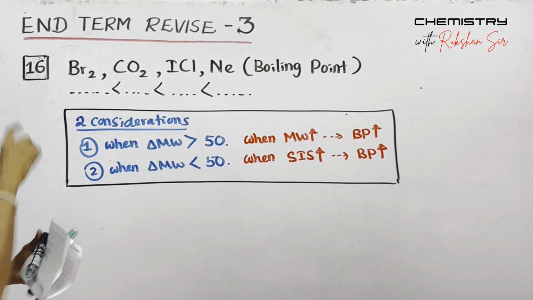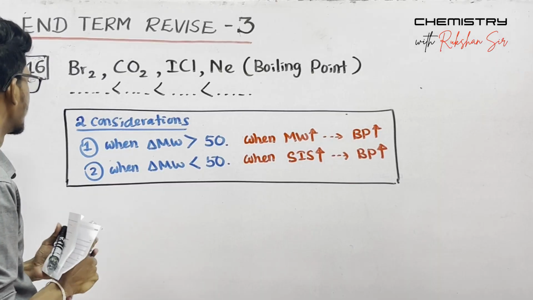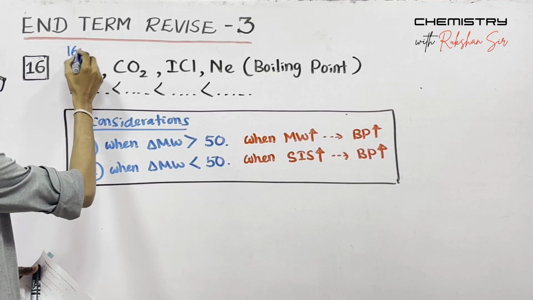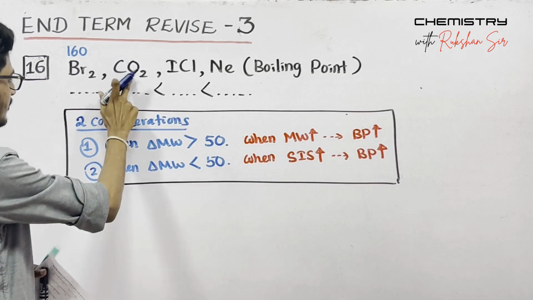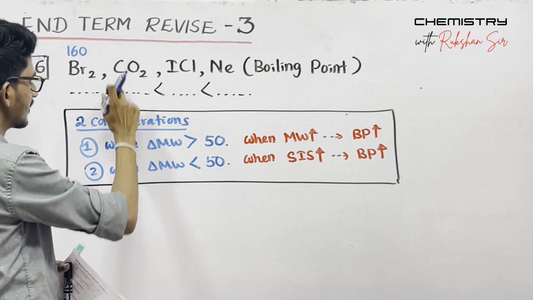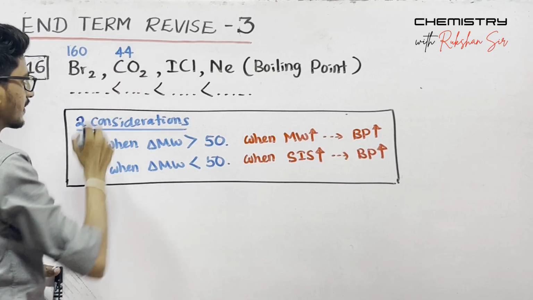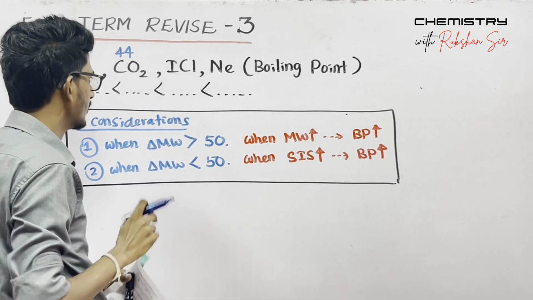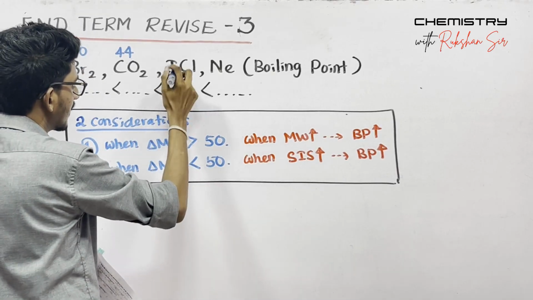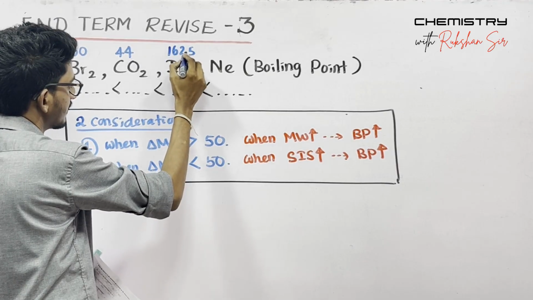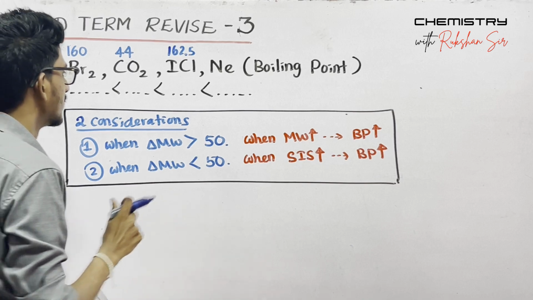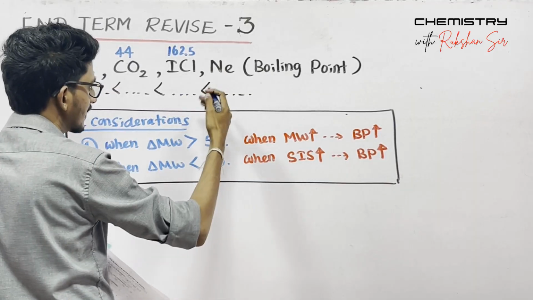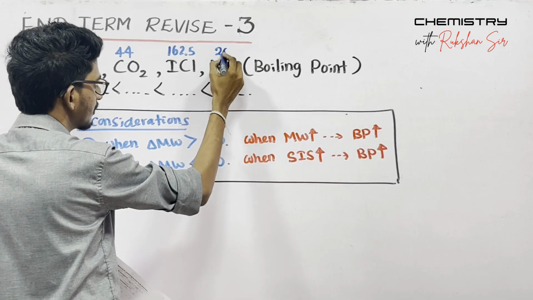Okay, so I'll write the molecular weights. Bromine carries 80, and 80 into 2 is 160. CO2 is 12 plus 2 of 16, 32, so 44. ICl, iodine is 127 and Cl is 35.5, so it is going to be 162.5. Neon carries some 20, so you can take it as 20.